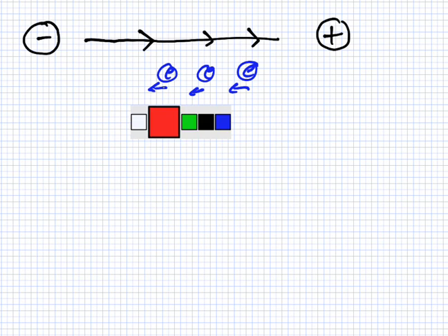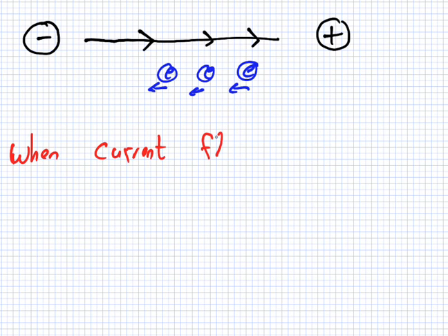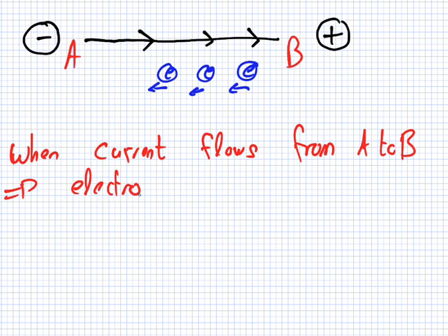So you just need to remember that when current flows from A to B, then that means electrons move from B to A. Okay.